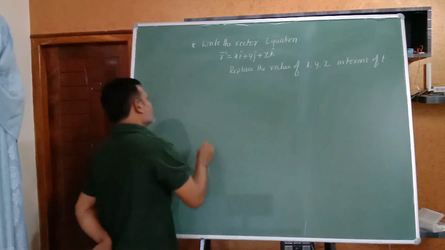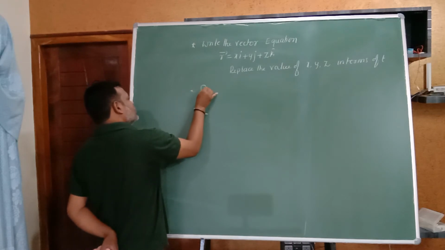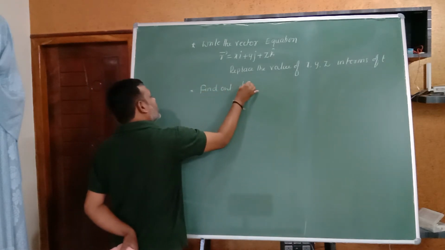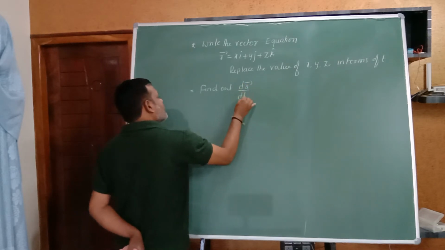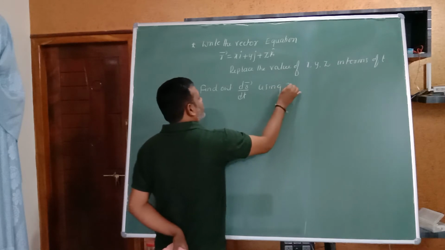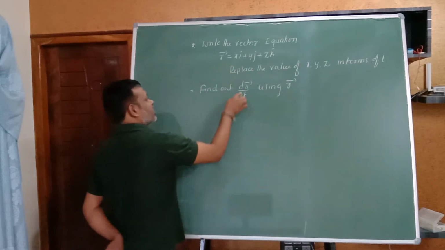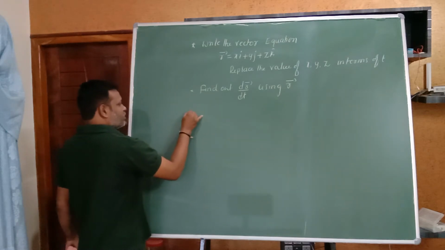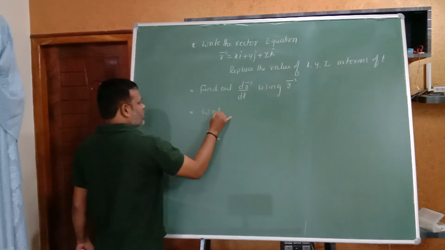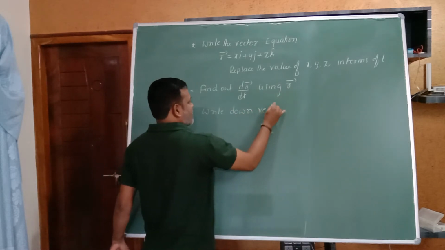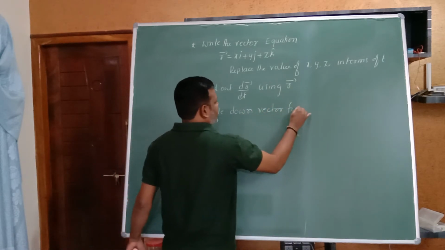Then the second step is to find dr by dt using r vector. If you differentiate r vector with respect to t, you will get dr by dt. What is the next procedure? Write down the vector function.